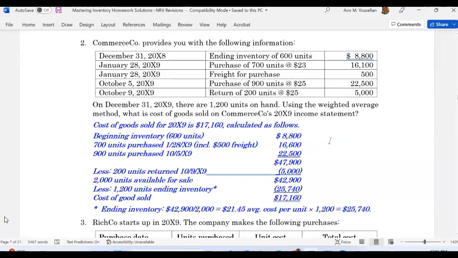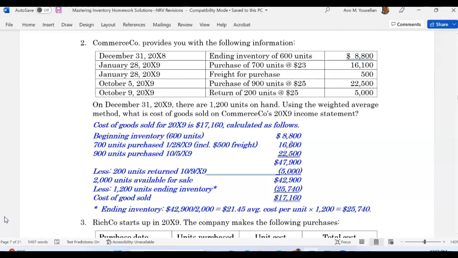So remember, we have to do BAASE, beginning, added, available, subtract, end. So the beginning, it has 600 units at $8,800, which came from last year balance sheet right there. Then we purchased 700 units in January, including $500 shipping.